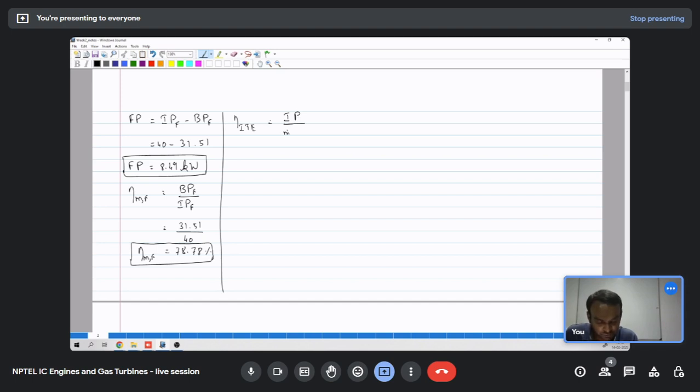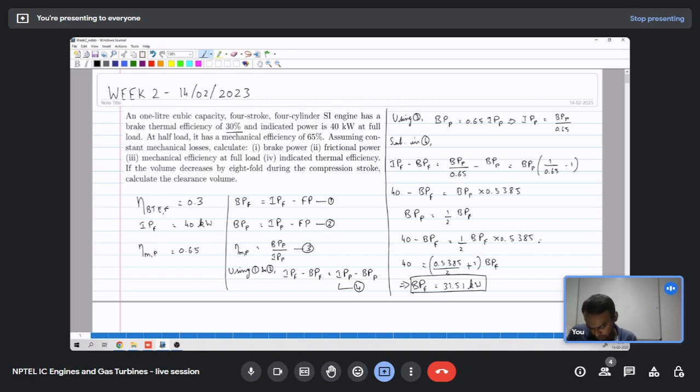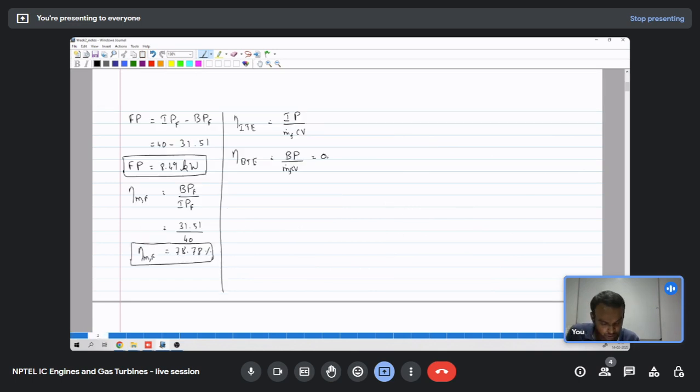I would write m dot f into CV. And we have brake thermal efficiency as brake power divided by fuel power, so that is m dot f into CV. Using these two, here we know the brake thermal efficiency is given as 30%, so this is 0.3.